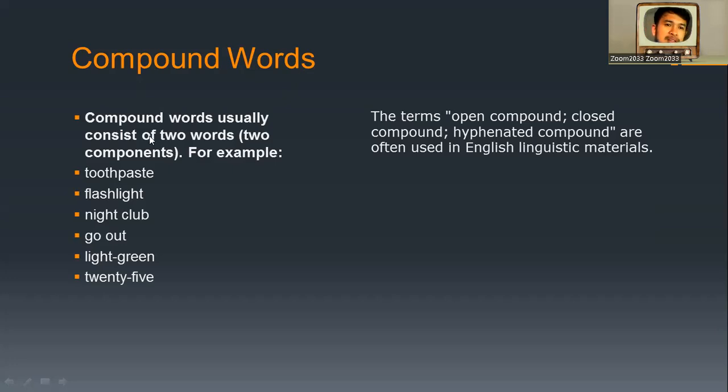Compound words usually consist of two components, such as toothpaste, flashlight, nightclub, go out, green. So there are the terms open compound and closed compound, which are often used in English linguistic material. So this is how we can identify stress in compound words.